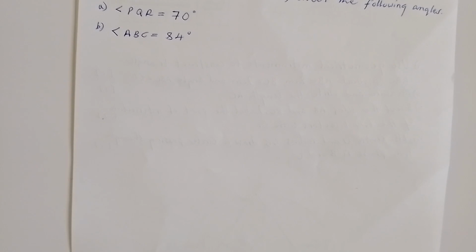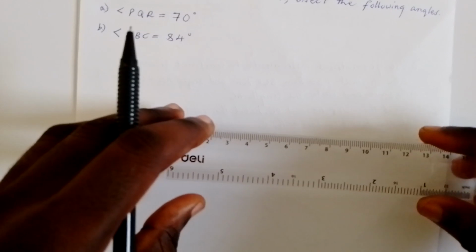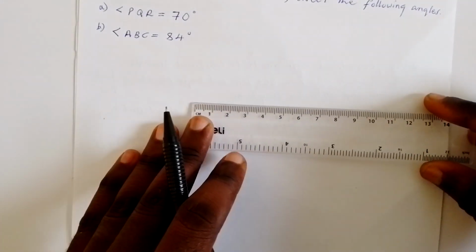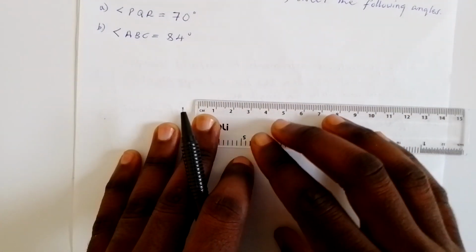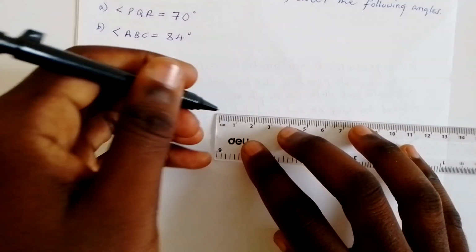Since we are constructing angle PQR, which is equal to 70 degrees, this is what we do when we're constructing angles. You get your ruler and draw your line.